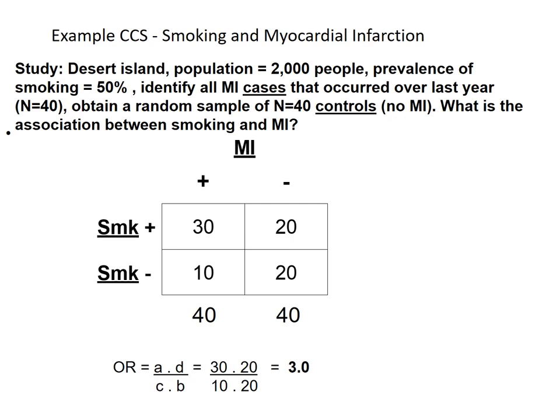You should all know that the only acceptable way to measure the association between exposure and outcome in a case control study is through odds ratios. We measure the odds ratio by dividing the odds of outcome occurrence in the exposed group by the odds of outcome occurrence in the non-exposed group.